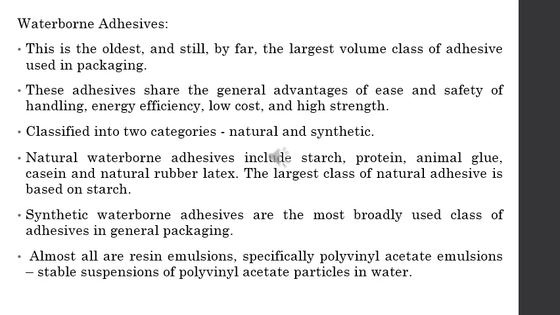Advantage is the ease and safety of handling, energy efficiency, low cost and high strength. They are classified into two, natural and synthetic. Natural includes starch, protein, animal glue, casein, natural rubber latex, and the largest class which belongs to this natural waterborne adhesives are based on starch.